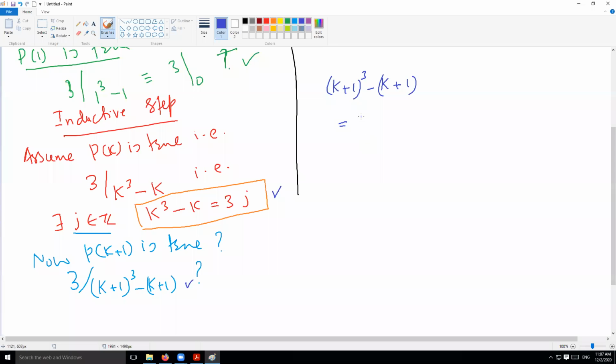So let's expand it. When you expand it, what are you going to get? k cube plus 3k square plus 3k plus 1, and minus k and minus 1. So what's going to happen now? 1 and 1 will cancel out, and you get k cube plus 3k square.